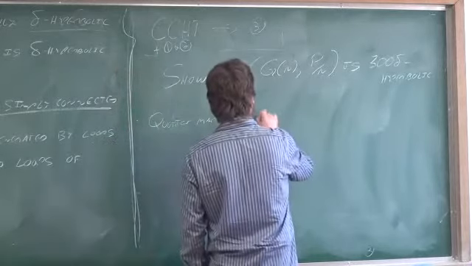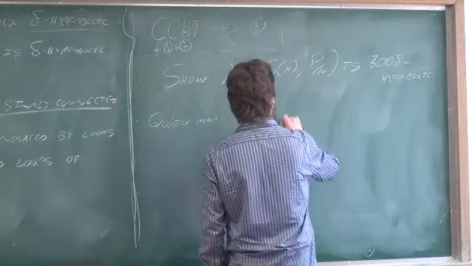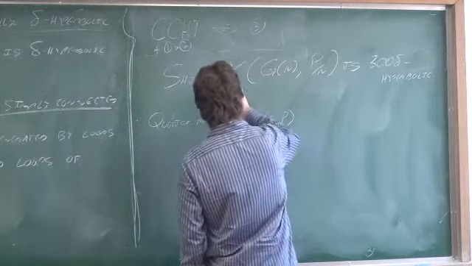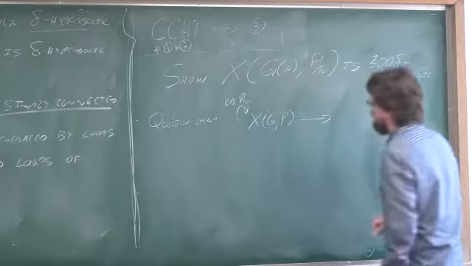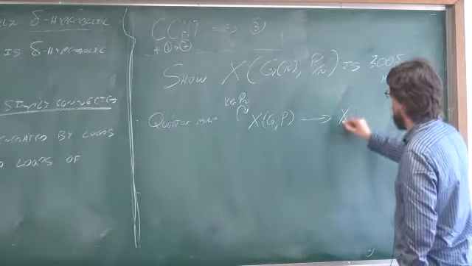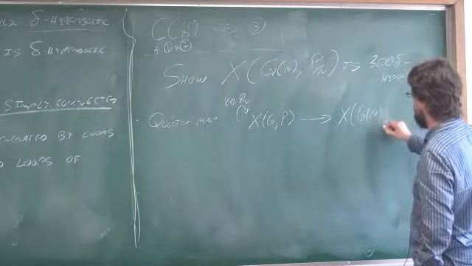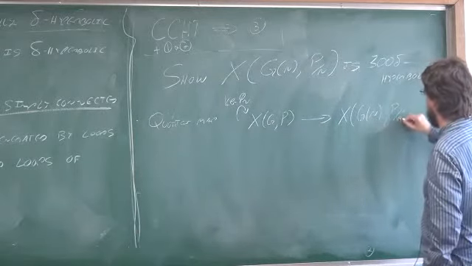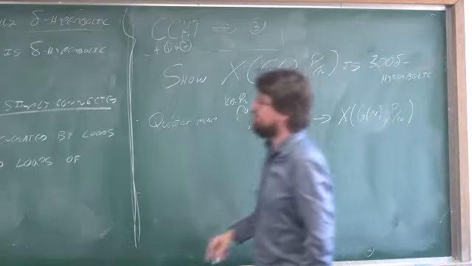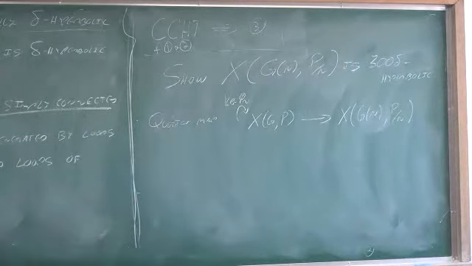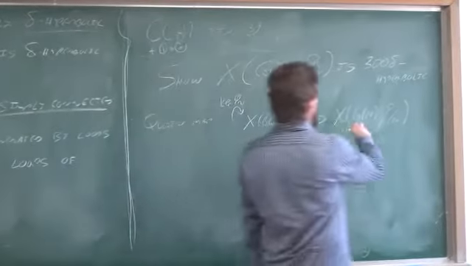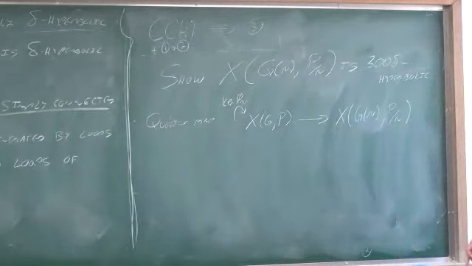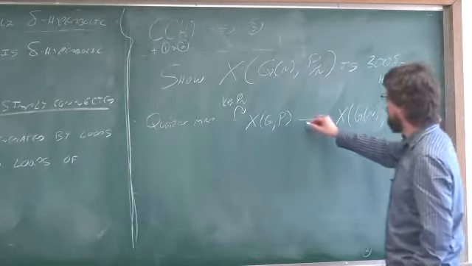So if I think about this X of G, P, I can act on that by the kernel of phi_n, and the orbit map is basically going to be X of G_n, P mod n. This is assuming that I have that first part, that P mod n is embedding in G mod n, right? So that P mod n is actually a subgroup of G_n. All right. So this is the orbit map.